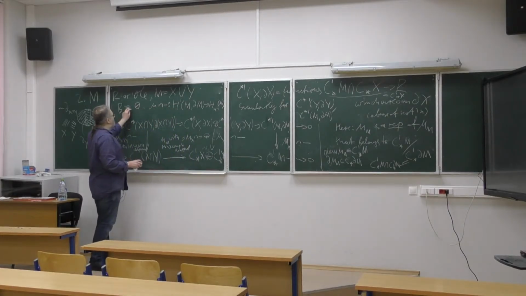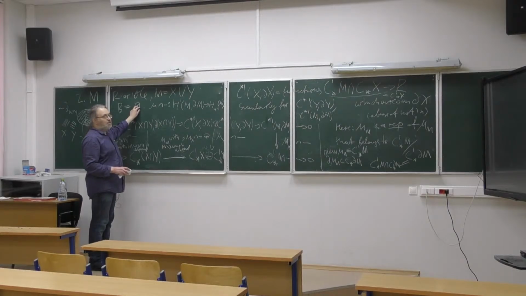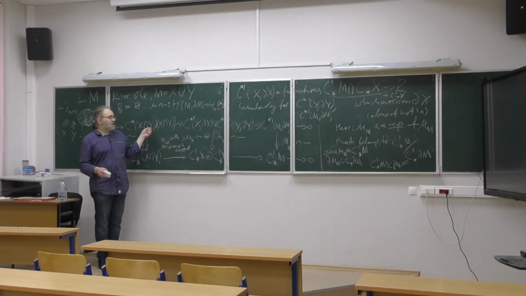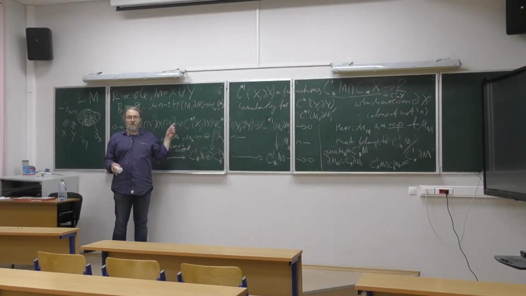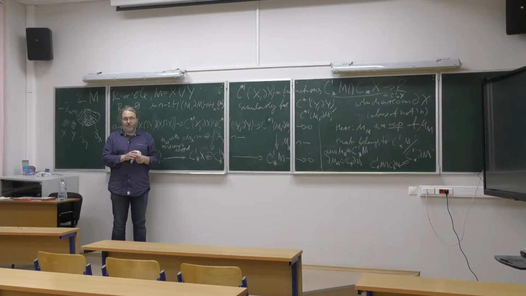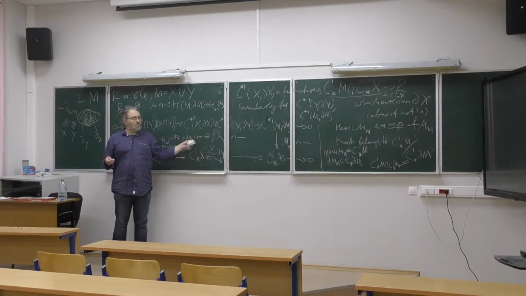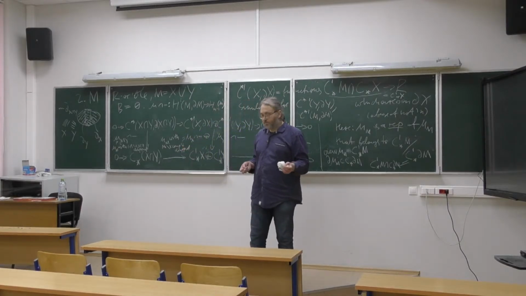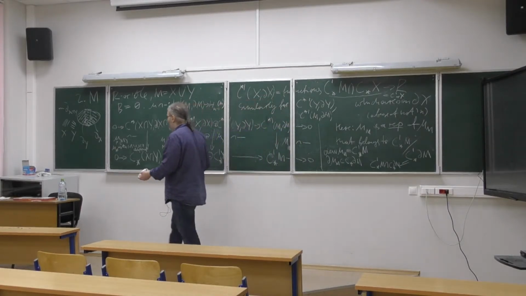And for B non-empty but A empty, we get a similar diagram but a different one. And for A and B arbitrary, we get something which is still more convoluted, but anyway, it works.